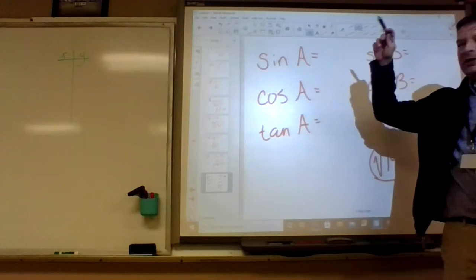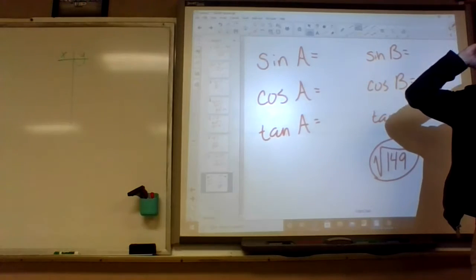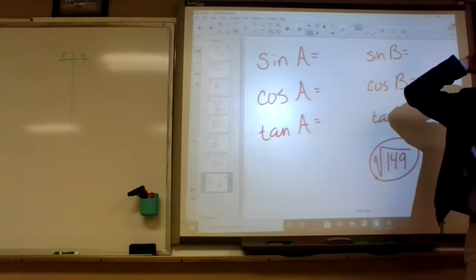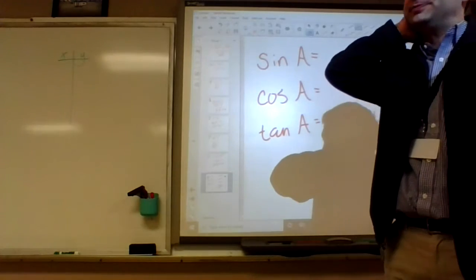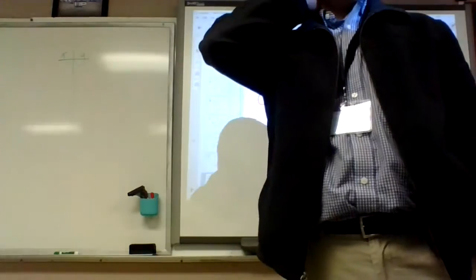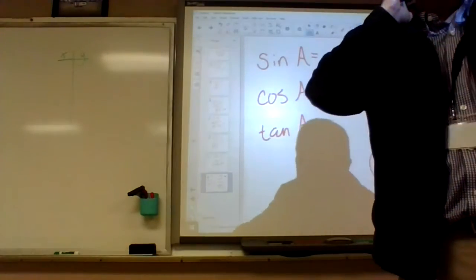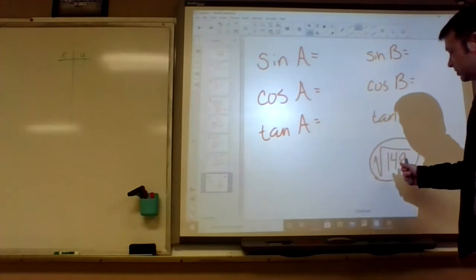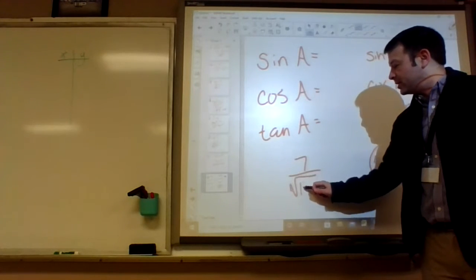We'll start with sine of A. If you don't have this memorized, you might want to write SOHCAHTOA on the top of your page. So sine equals what over what? Opposite over hypotenuse. What's the opposite of angle A? 7. What's the hypotenuse? Square root of 149. How do we do 7 over square root of 149?